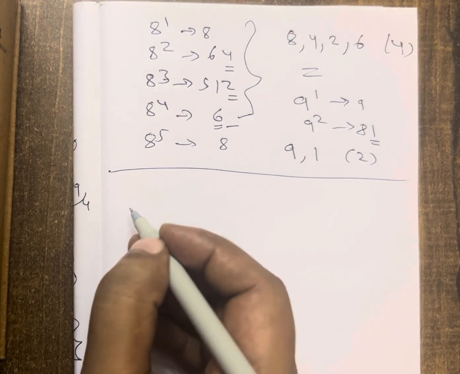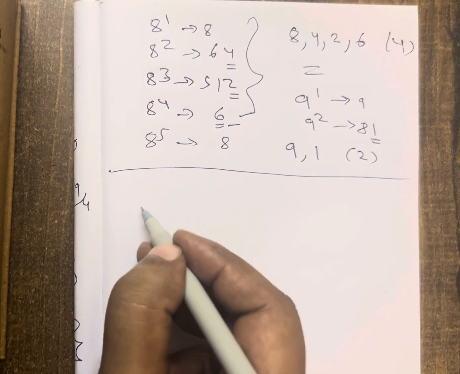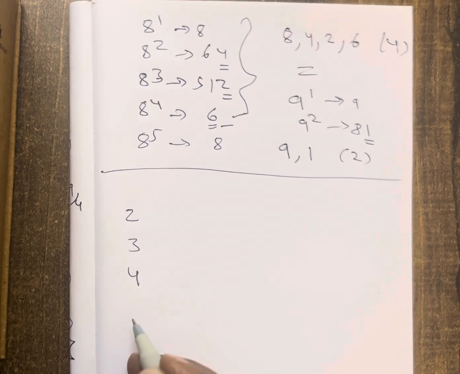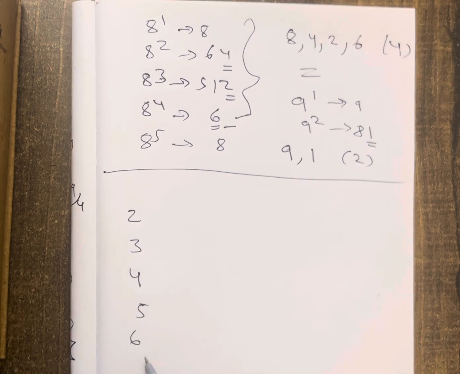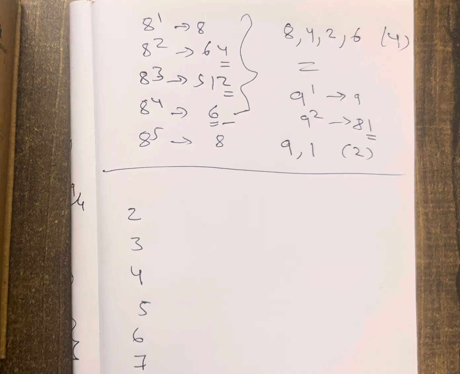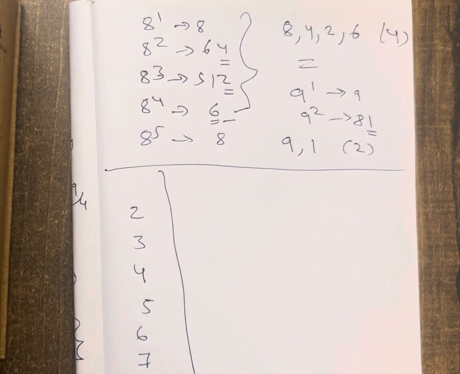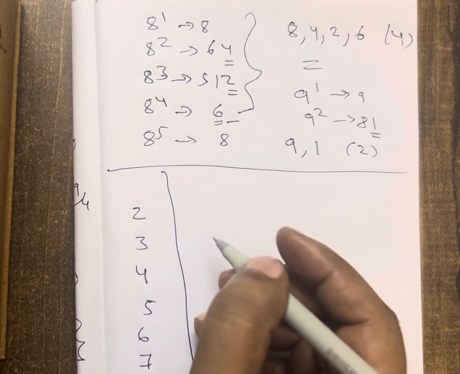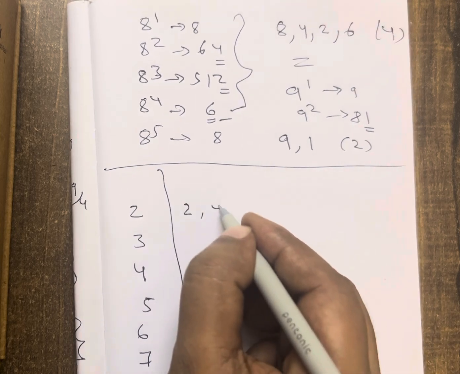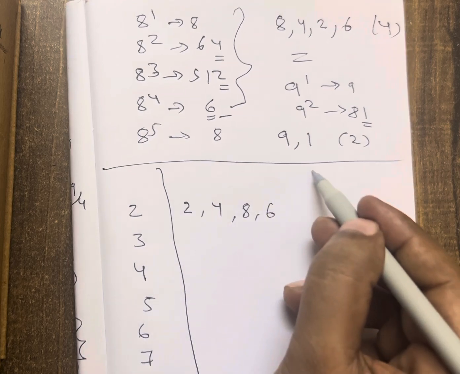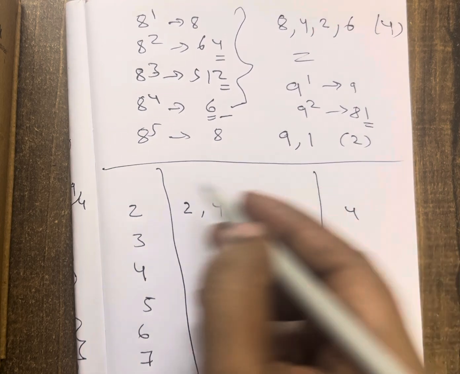Cool. So I summarize it here. So 2, 3, 4, 5, 6, 7, 8, 9. These are my numbers. Okay, this is its cycle, 2, 4, 8, 6, and this is its length, that is 4.